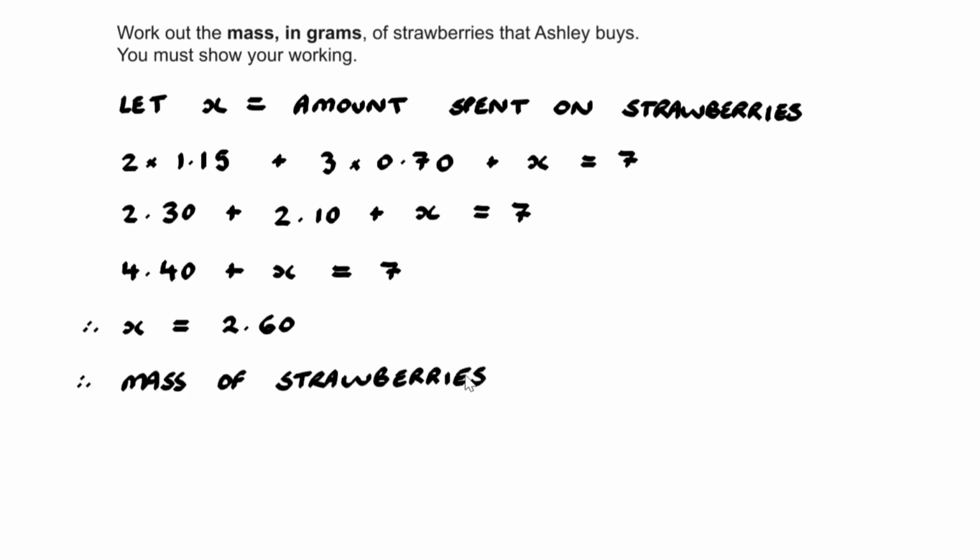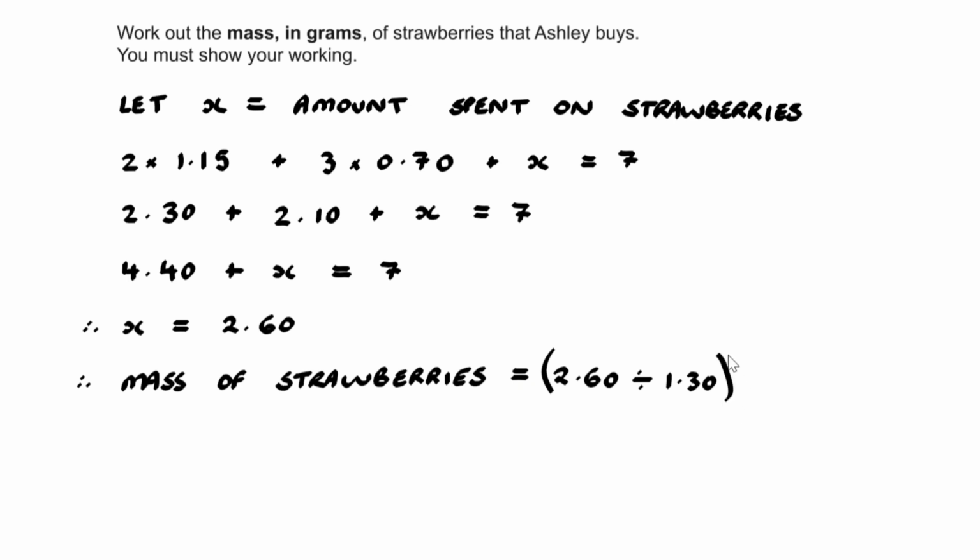So for the mass of strawberries, we can work that out by doing £2.60 divided by £1.30. So this tells us how many packs we have.